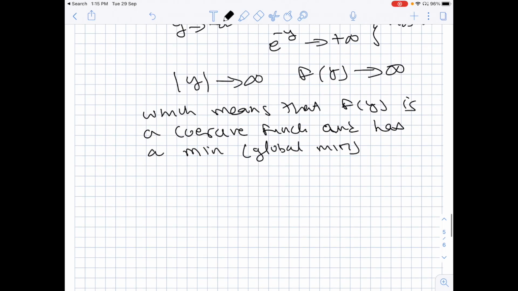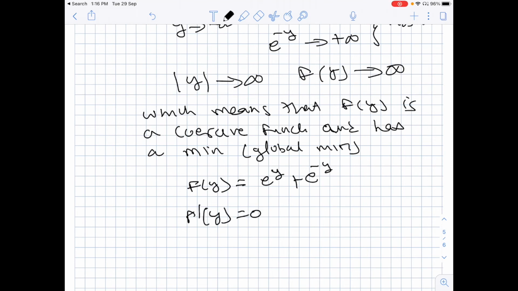Now, because of the coercive function, by the Weierstrass theorem we are easily able to say that it has a global minimum. Hence, to evaluate that minimum, since it's a differentiable function, we will just set f dash of y to 0.